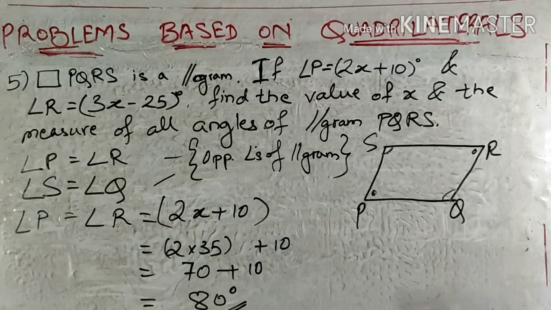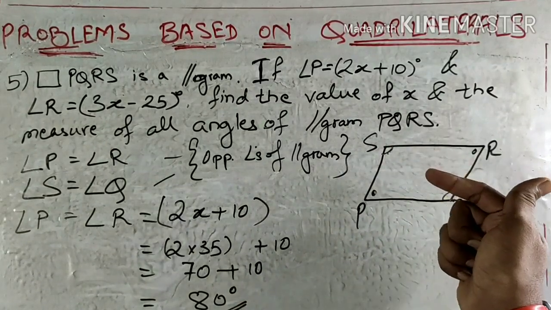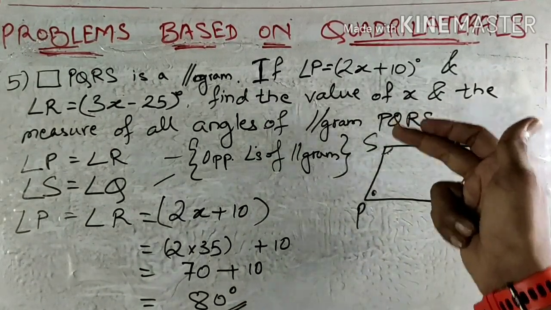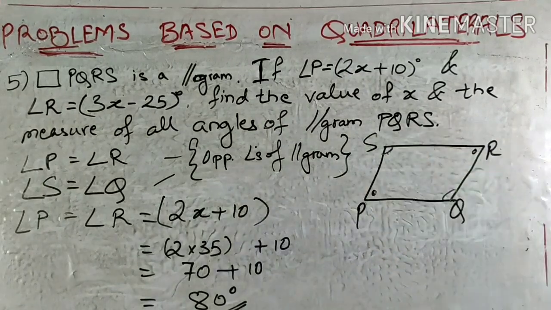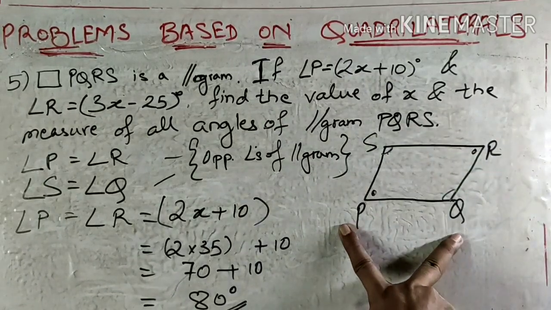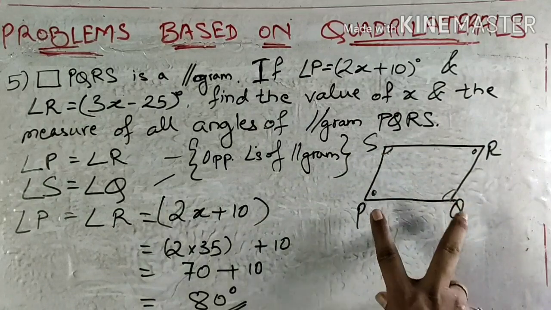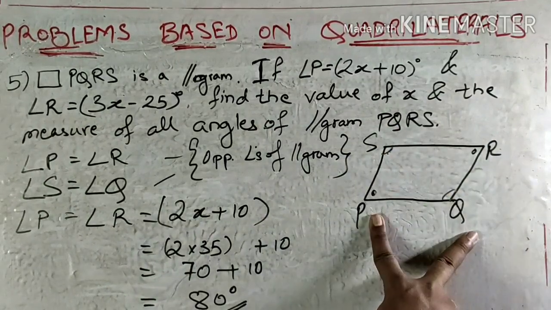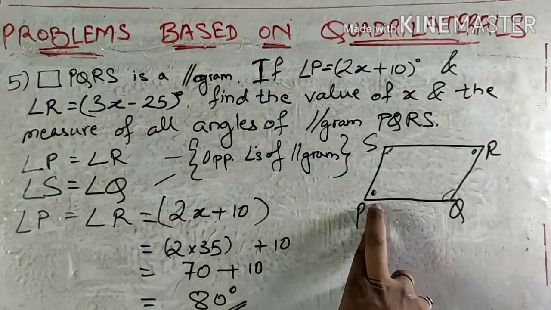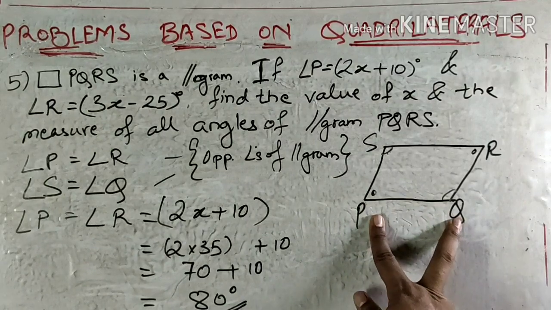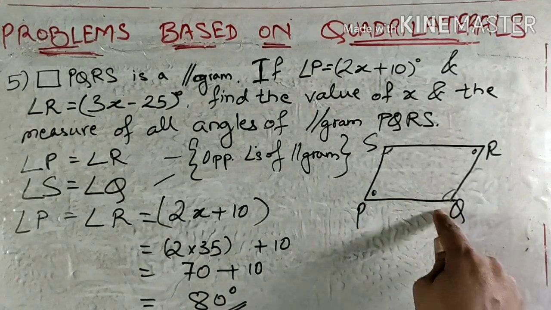That means angle P, since it's 80 degrees, we can mentally find what is S, because they both are supplementary, or even these two are supplementary. So the sum of them, P and S or P and Q, will be 180 degrees. We know that P is 80, so the other will be obviously 180 minus 80, that is 100. Q and S are 100.